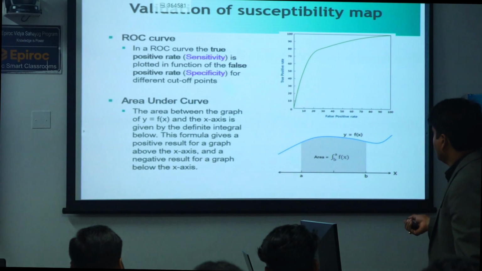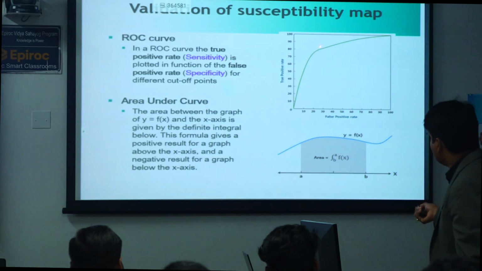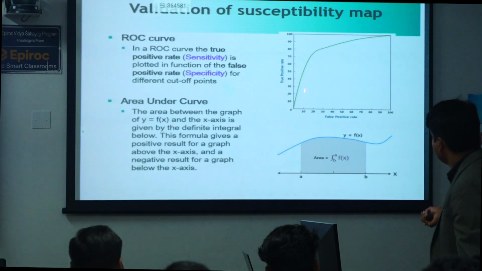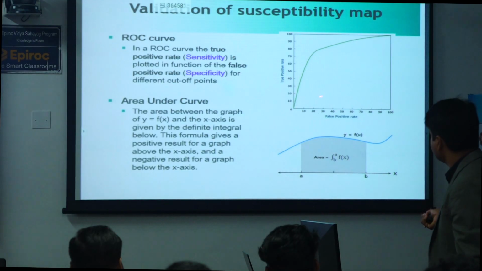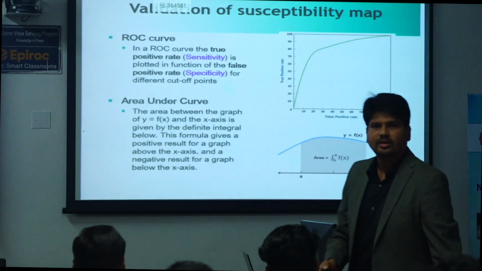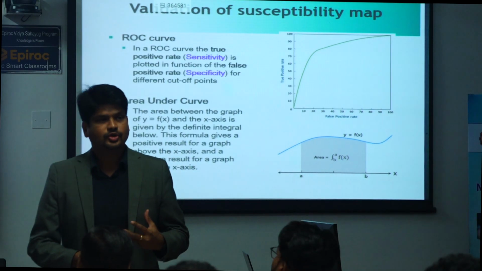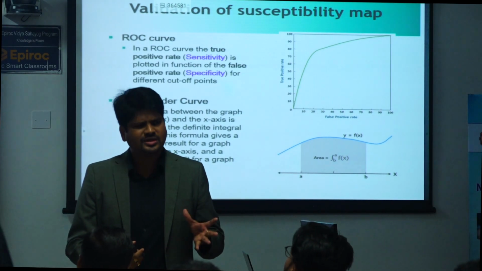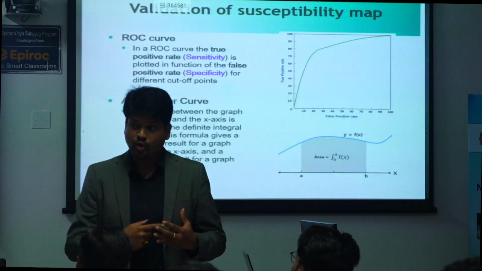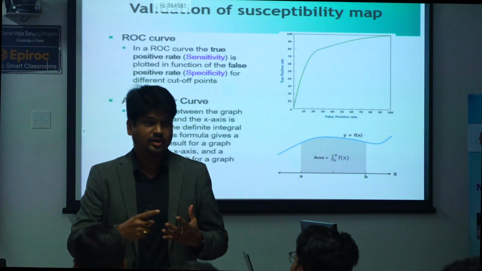So the area that comes under this, that would be calculated actually the accuracy. So some people get confused. ROC and AUC are almost similar. Okay. But there are so many ways now statistically to calculate also.